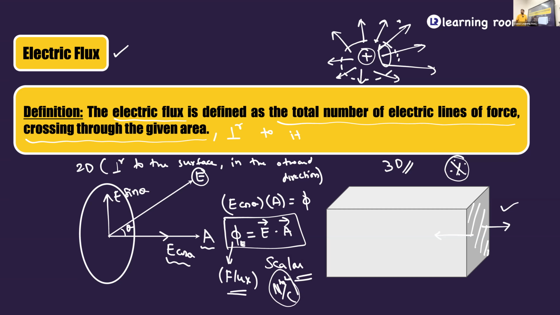So the unit is going to be Newton meter square per Coulomb. Am I clear with this? So now we can make a note of this.